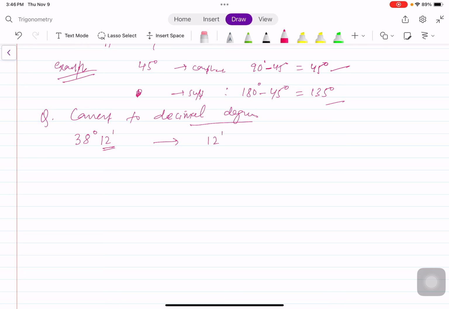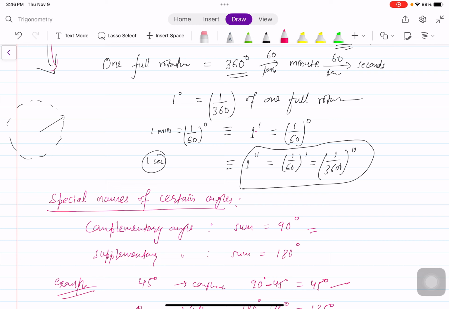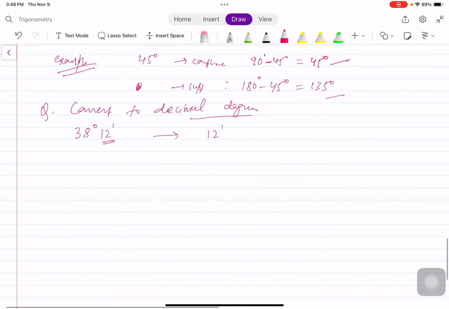1 minute equals, what was the conversion formula? 1 minute equals 1 over 60 degrees. So you multiply by this value: 12 times 1 by 60. Whatever you get is in degrees now. If you use a calculator, this value is approximately 0.2.